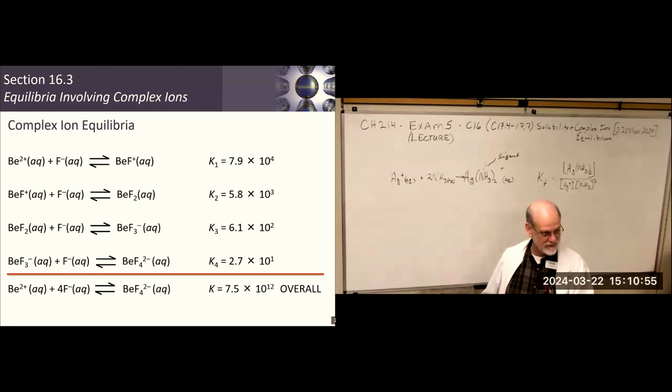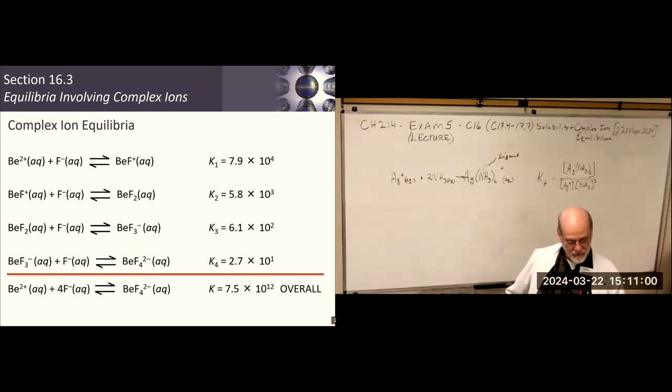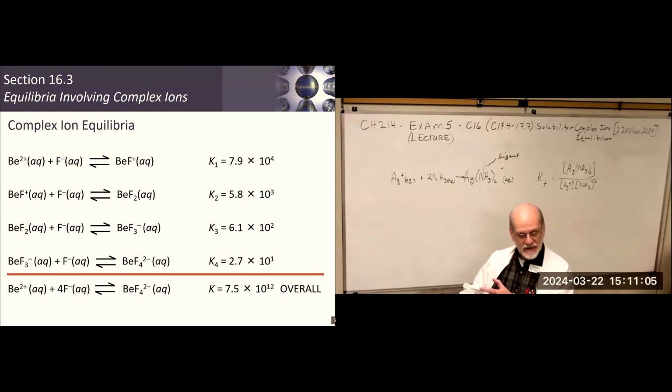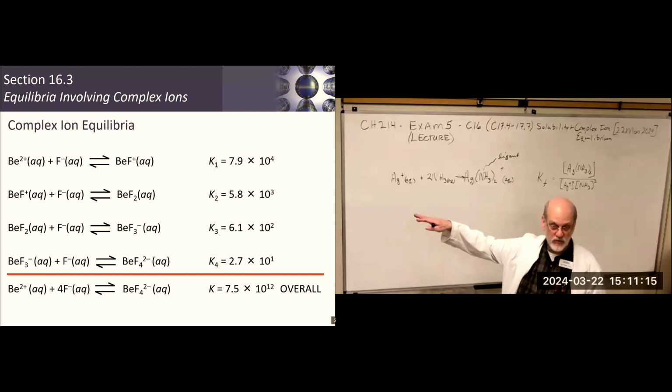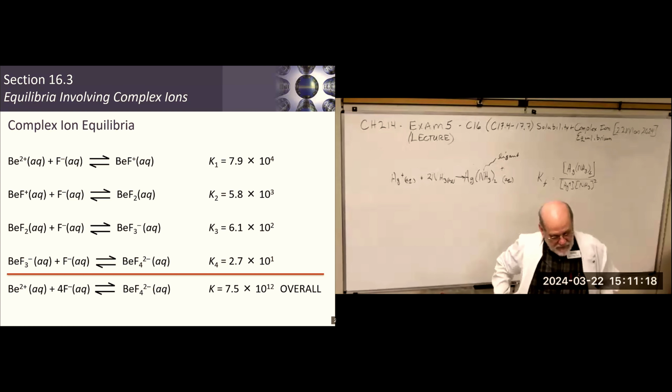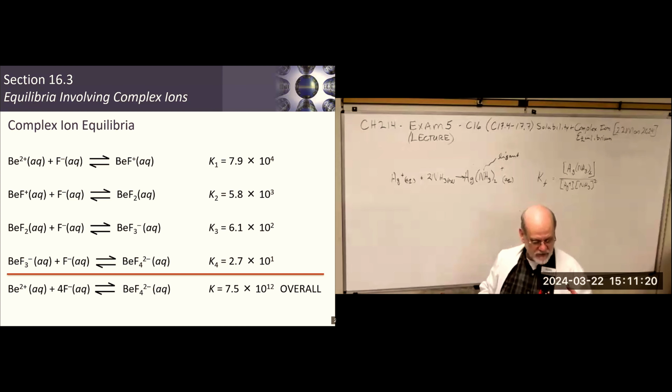That one's way to the right, the next one's way to the right, and the last one is to the right. So what that says is each time a new ligand is added, it immediately picks up another ligand and moves to the next step. Overall, adding 4 fluoride ions gives us a K value of 10 to the 12th. The fluoride ions are attaching themselves to the beryllium ion in such a way that it's almost completely shifted to the right overall.